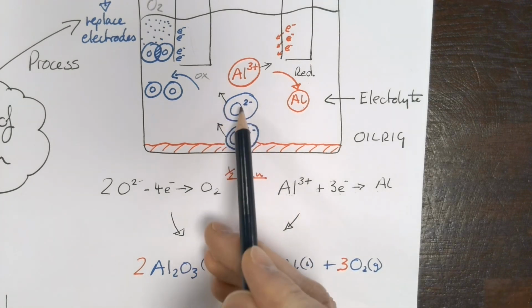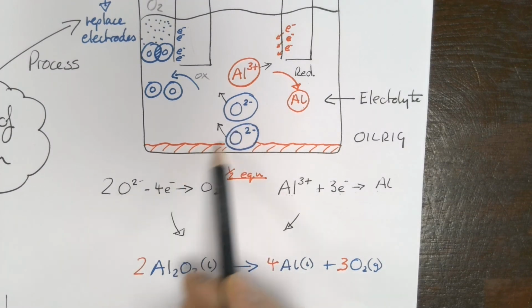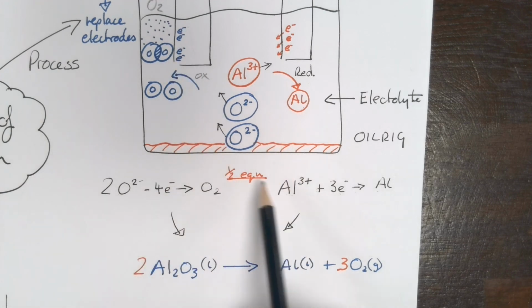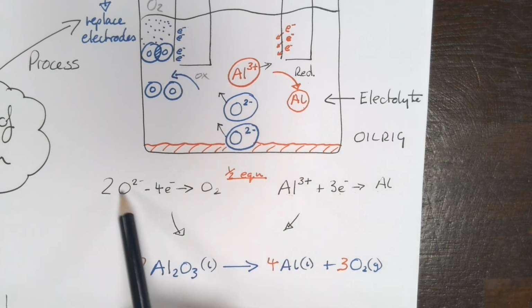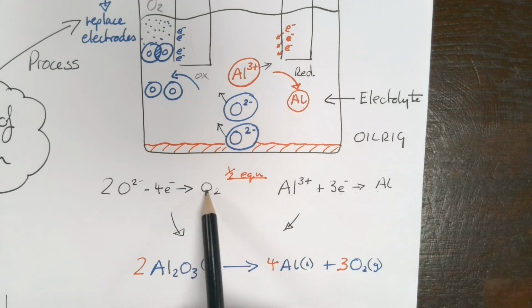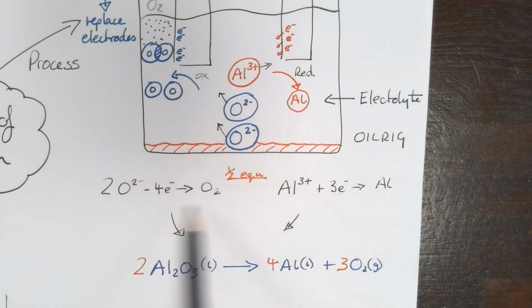On the other side, we had our 2 oxide ions, and each one of them gave 2 electrons. So that's 4 in total. So that means they lost 4 electrons, and the result is that they combine together to form an oxygen molecule, and this completes our half equation for this part of the reaction.